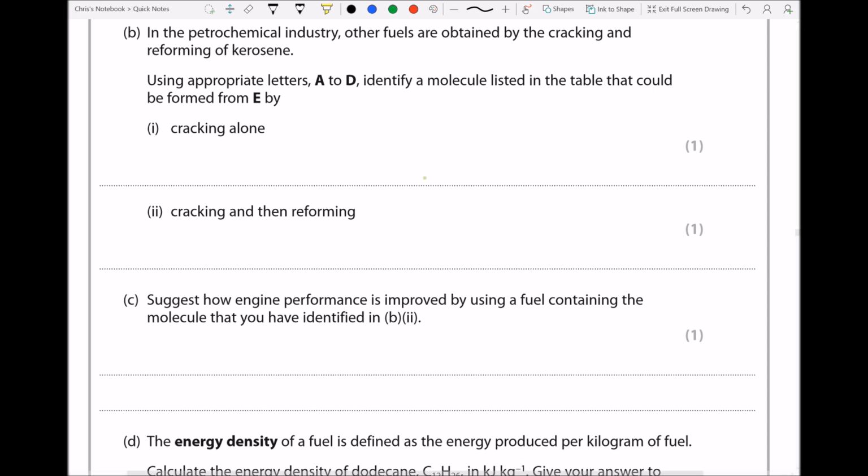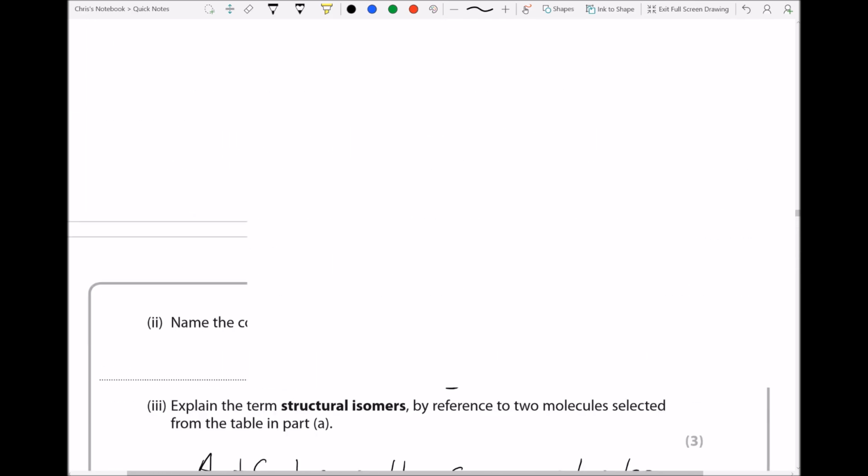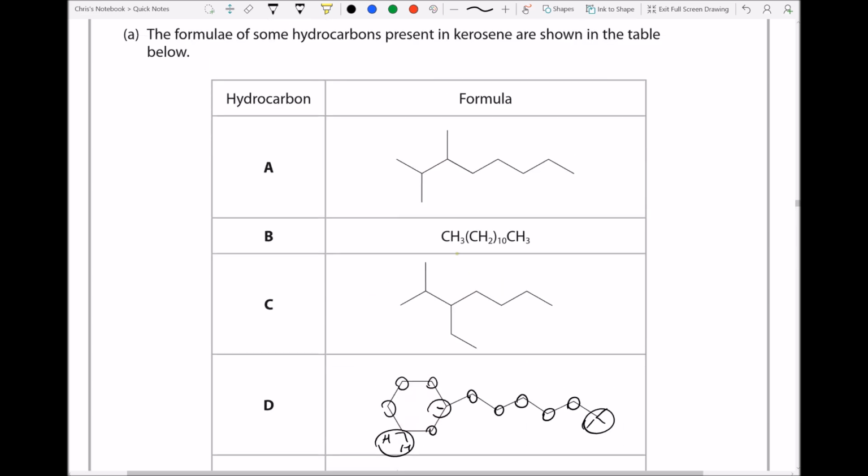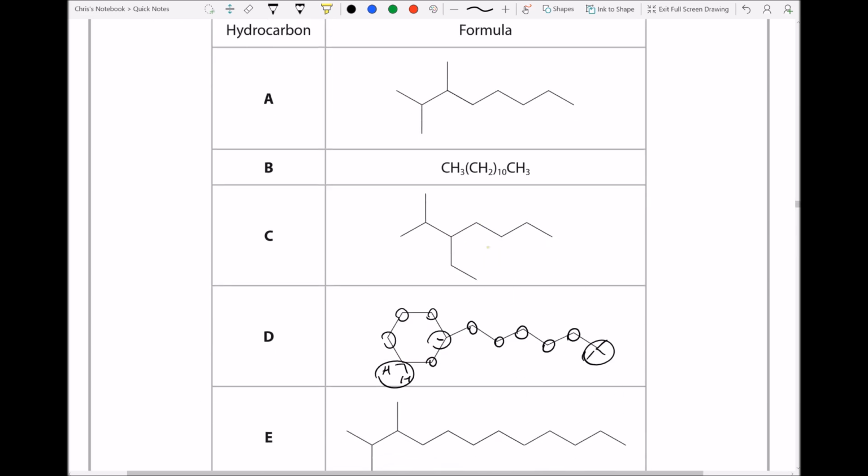So, using appropriate letters A to D, identify a molecule listed in the table that could be formed from E by cracking alone. Okay, so we'll have a look at E. There's E there. Big long hydrocarbon. So we're looking for one that's shorter, but crucially not reformed. So not like that. We're looking for something that has been cut. So this could be like this one. You can see here, it's very similar, but this chain's shorter than that one, so that one's clearly been cracked.